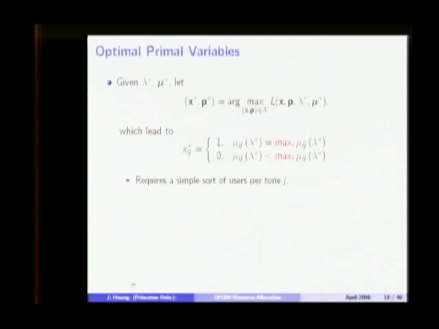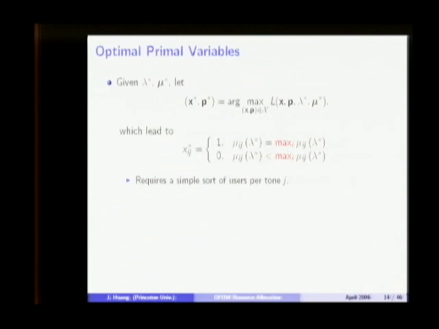After finding the optimal dual values, we want to look at what kind of primal values we get. These correspond to the things we are interested in: how to allocate the power and how to allocate the carriers, right? Solving this leads to the following result. This is an interesting structure because mu ij is a function calculated for each user on each tone, which is a function of the dual variable lambda only.